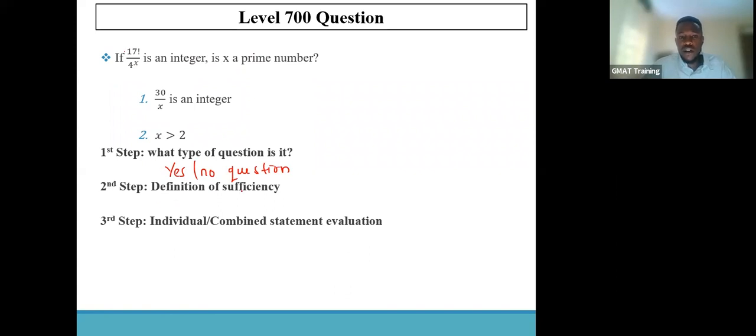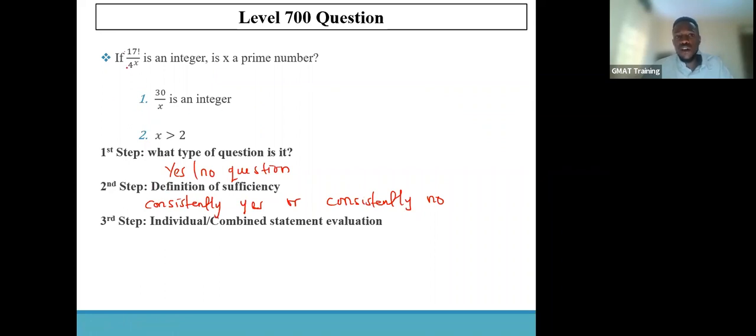Our definition of sufficiency is such that a sufficient statement is one that responds to the question stem as consistently yes or consistently no. In this case, we would respond to the question stem as consistently yes if all the values that we would get of x do satisfy the condition of being a prime number, and these values of x are going to be limited by the statement.